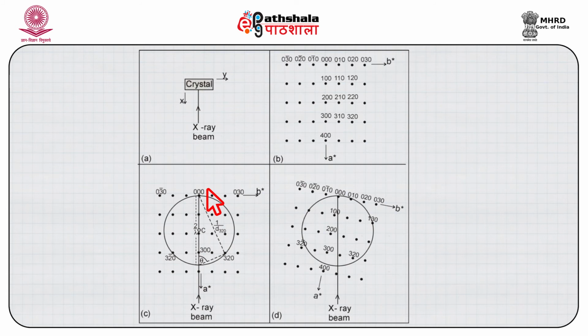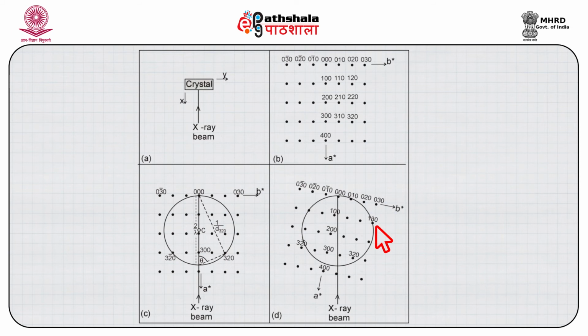Now, we tilt the detector by an angle of 10 degrees, and as we tilt some other points intersect. For example, point bar 130 now intersects the circle, and that means that now the Bragg equation is being satisfied for this plane, and we will be recording the X-ray peak for this plane.